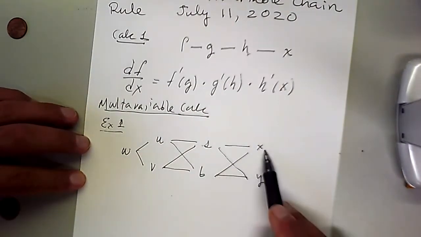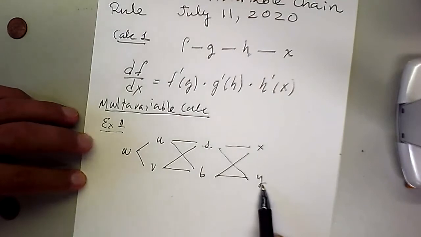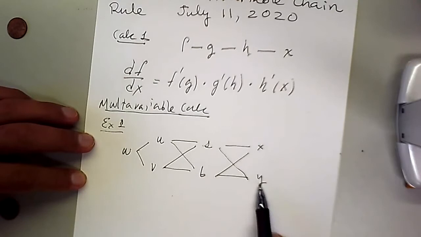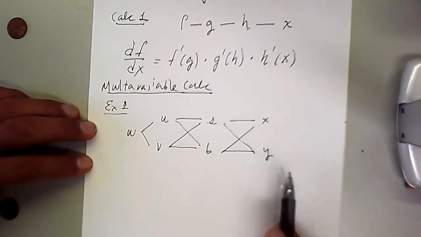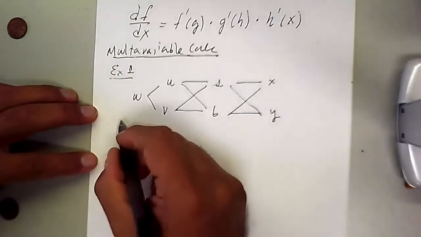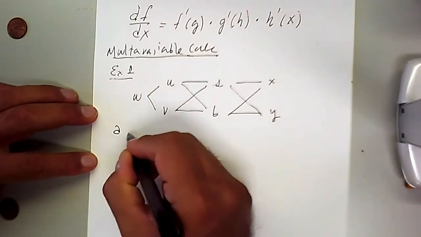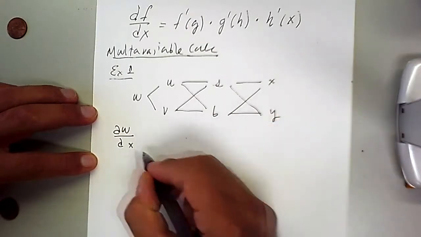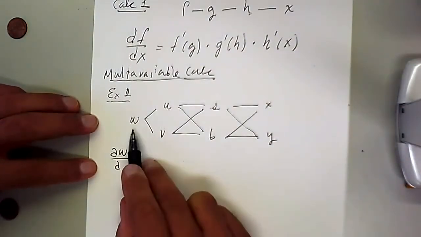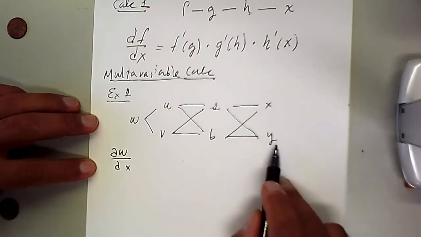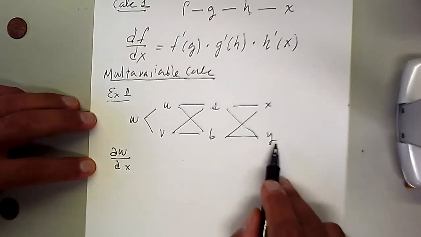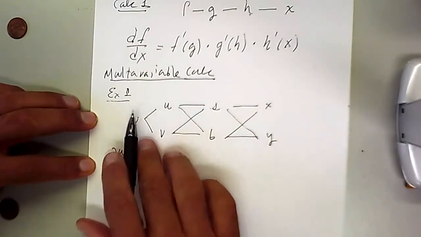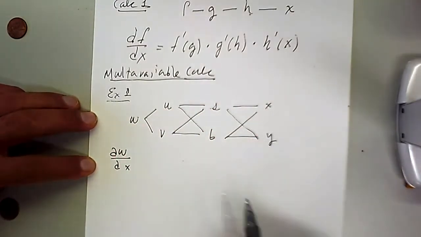t depends on x, but also could depend on y. And then u depends on s and t, but t depends on x and y, and so forth. So the question is, how do we go about finding the partial derivative of w with respect to x? Ultimately w depends on x and y. You may be asking, why don't we just simplify all of this and say w is a function of x and y and be done with that?